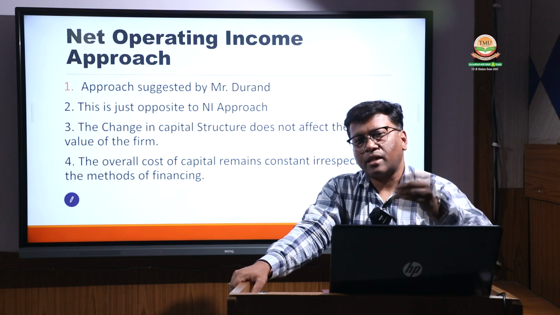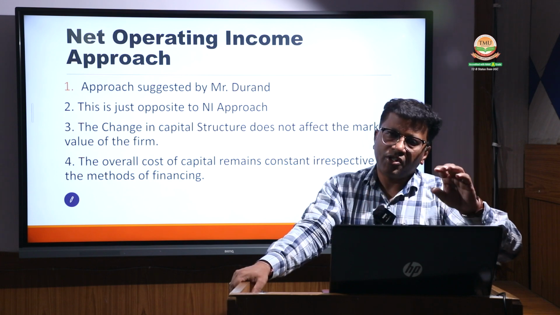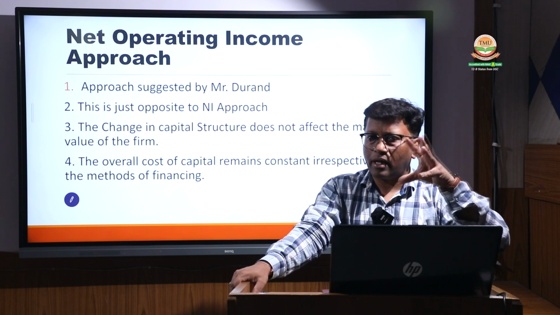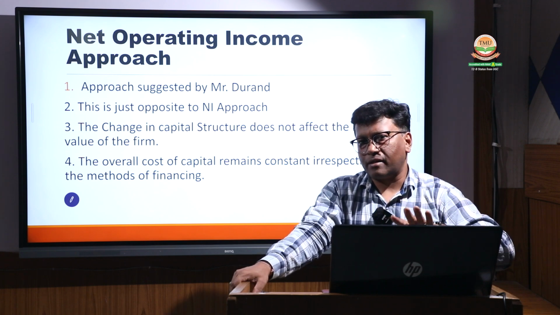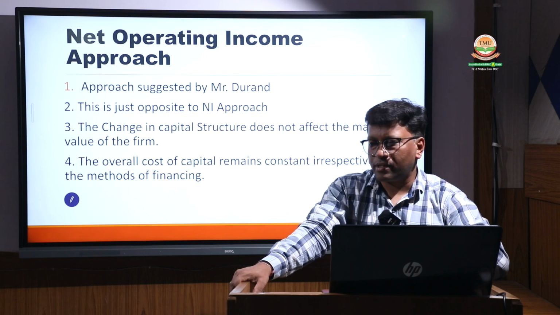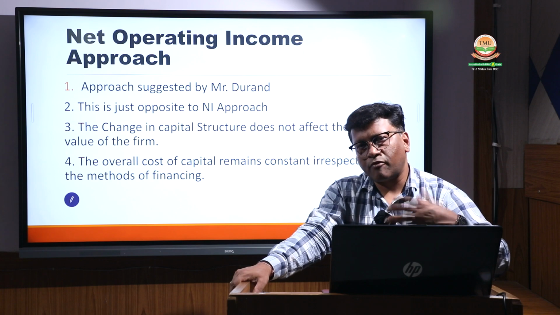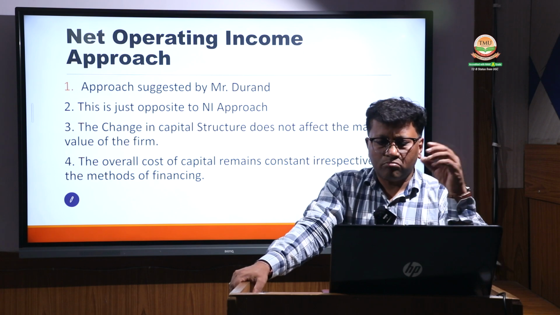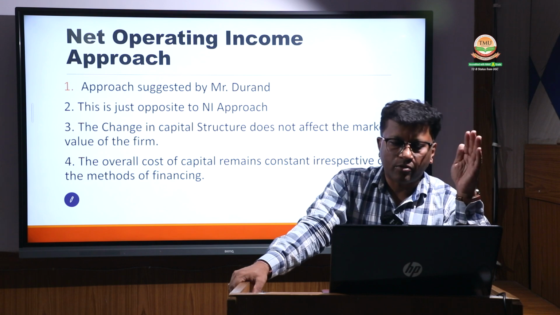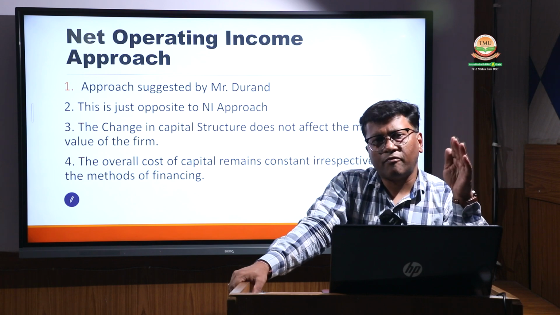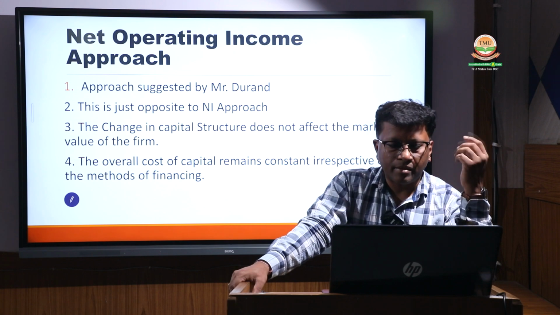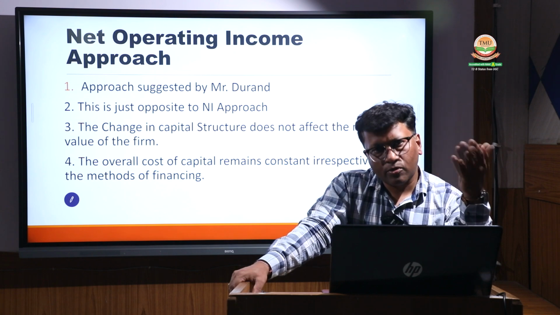It means this theory describes that whatever method of financing the organization applies, whether they maintain 50% debentures and 50% equity shares, or a 40-60% ratio, it will not give any effect to the market value of the firm. The market value of the firm will remain constant. You can calculate it by using the formula. The overall cost of capital will also remain constant.